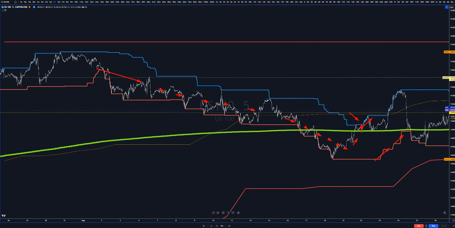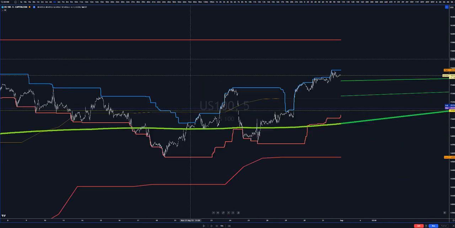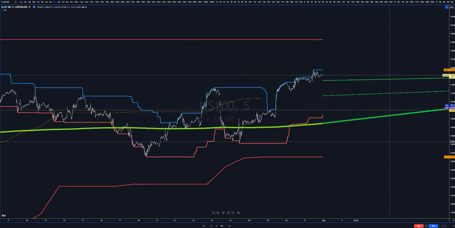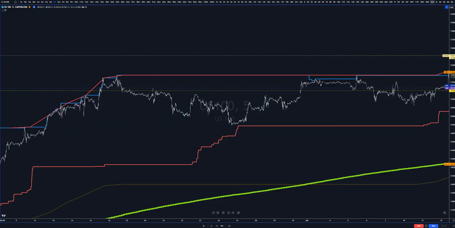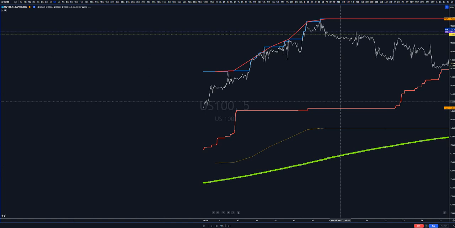This is our stop, right? So our stop will be, for example, on the low.